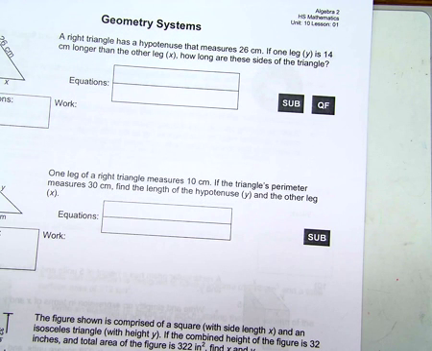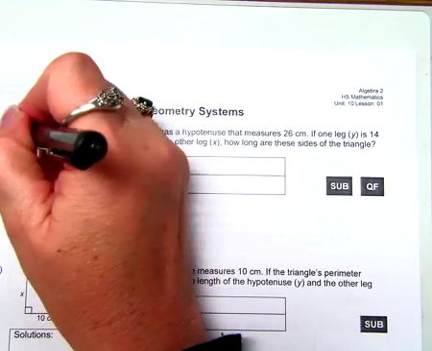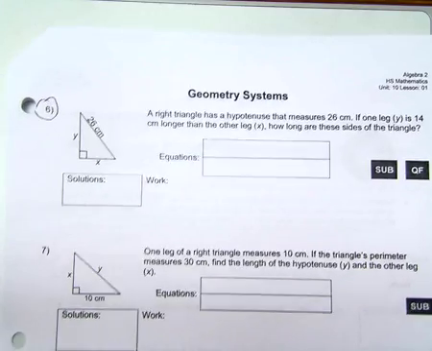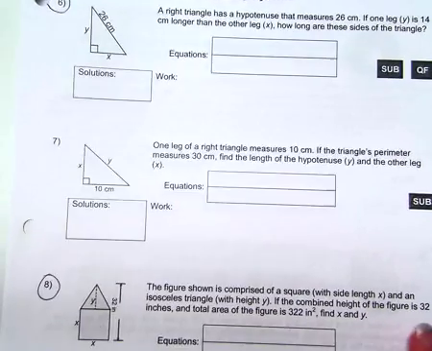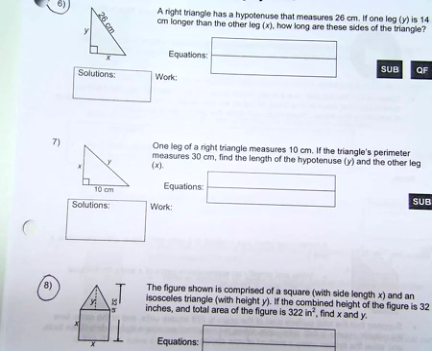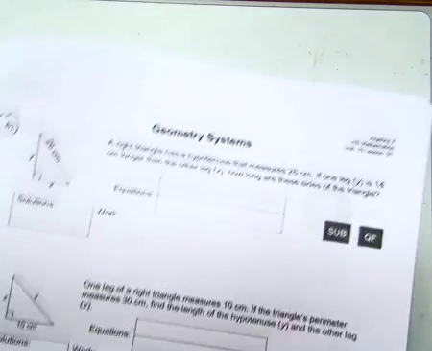Okay, please circle the following questions. Let's circle number 6. Let's circle number 8. Let's circle number 10.